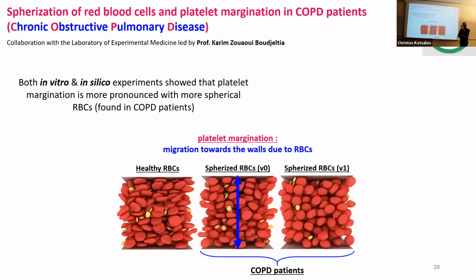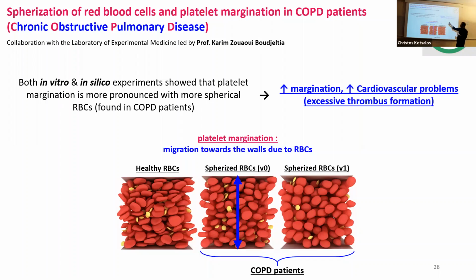And what we found out, both using the in vitro part and the in silico simulations, is that platelet margination is more pronounced in patients with COPD. So more spherical red blood cell shape pushes the platelets more towards the vessel walls.